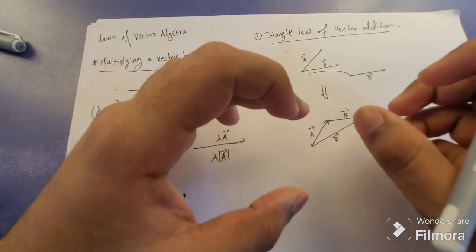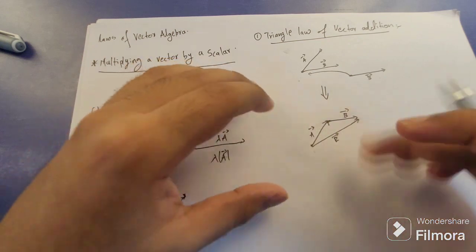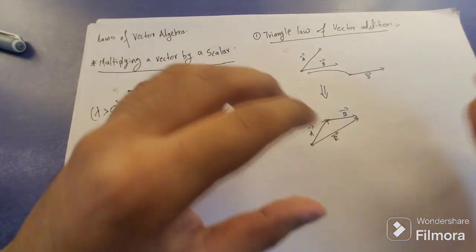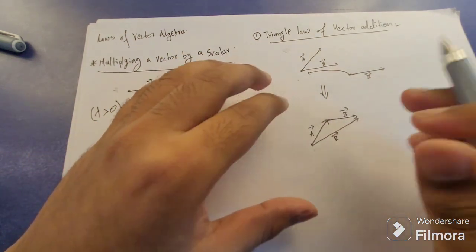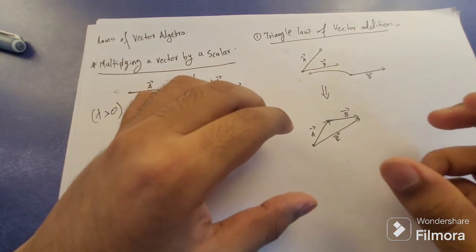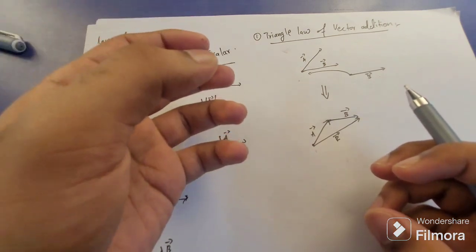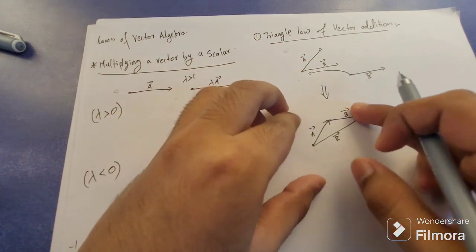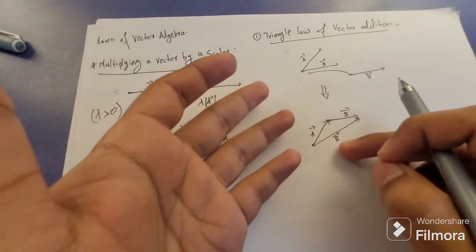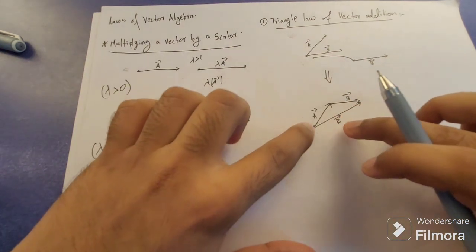Now if these two forces act simultaneously on a single body, then the body will neither act as if the force A vector was being applied on it, nor as if the force B vector was applied on it. It will act as if the force of the resultant vector was applied on it. So instead of acting as if the force A was acting on it alone, or the force B was acting on it alone, it will act like the resultant force is acting on it. So this was all about the triangle law of vector addition.